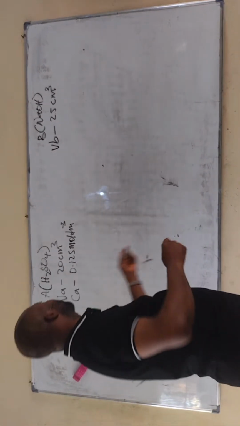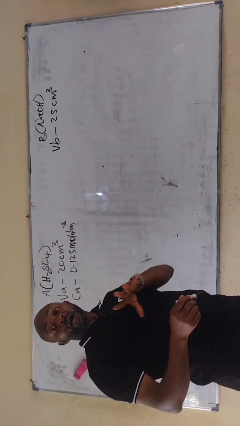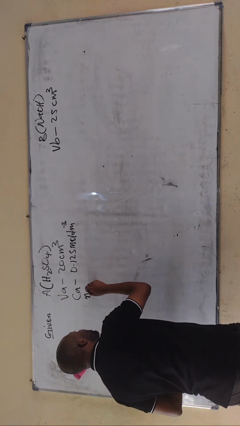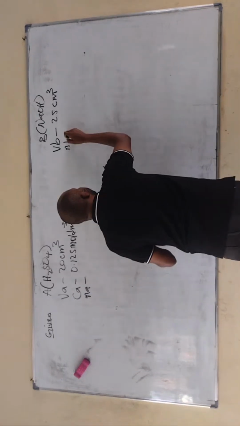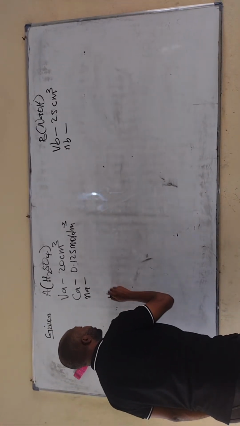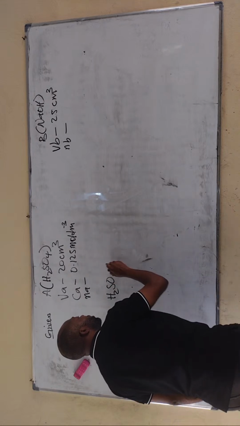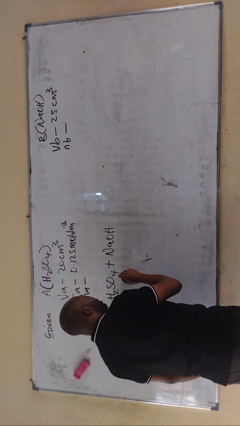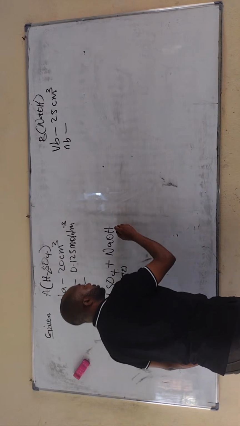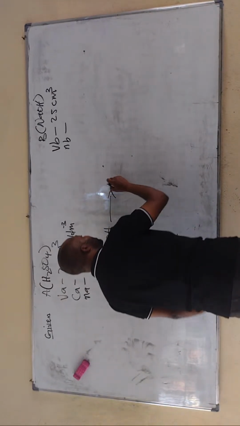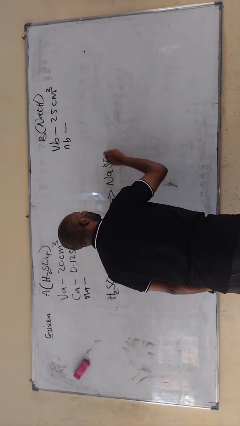Now, remember, the first thing they ask us to do is to balance our equation, so that we can see our NA and our NB. So first question A says H2SO4 plus NaOH, remember, they are all aqueous, gives us sodium sulfate plus water.